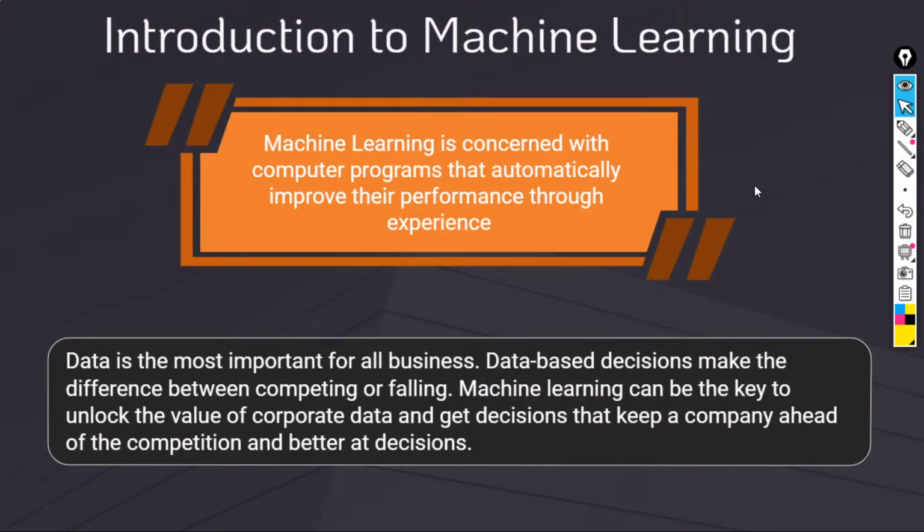Right, so this here that you're looking at is the definition of machine learning. Let us just understand this. Machine learning is basically concerned with the programming of computers which automatically improves performance through experience. This is exactly what we spoke about just a while back. When we talk about machine learning, it learns each and every time.